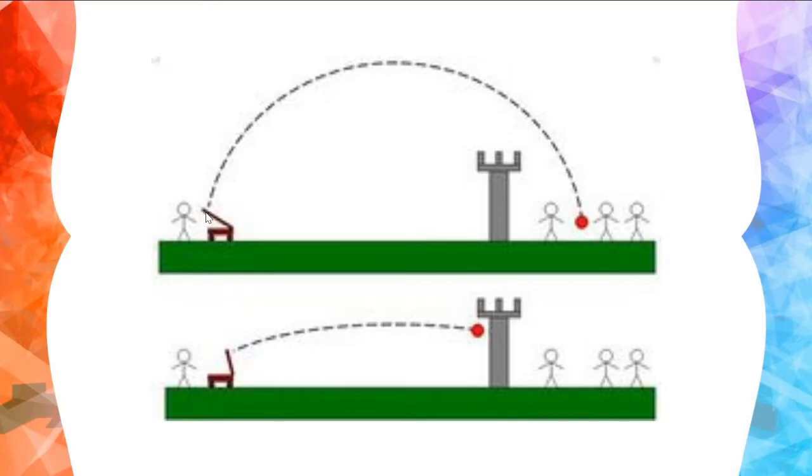Okay? Tapos, nung nirelease niya yung bola, ayan, mataas yung naabot ng bola at nakarating siya dun sa kabilang side ng wall. But kung ganito naman yung angle ng pag-throw ng bola, mapapansin ninyo, hindi siya aabot dun sa itaas ng wall. So, tatama lang siya dun sa mismong pader.